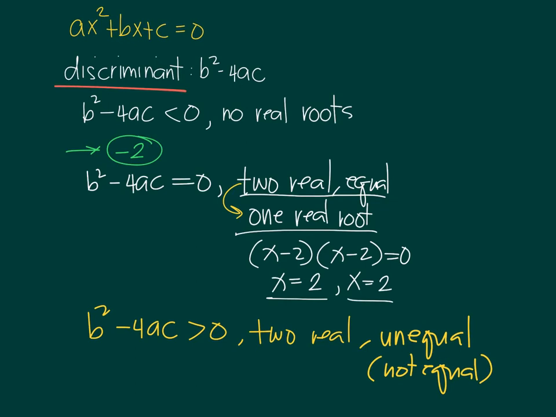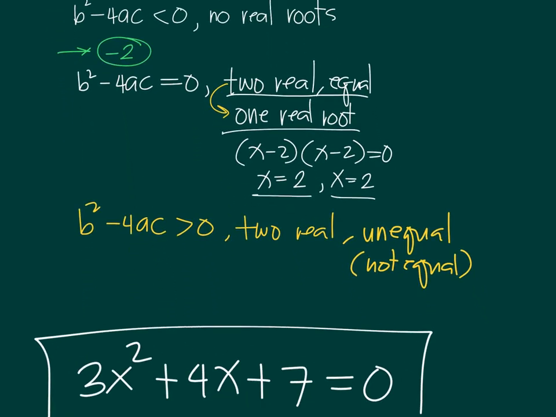Sometimes when you compute for the b squared minus 4ac, it becomes 0, and that means there are two real roots and they are equal, or we simply say we have one real root because they're just the same. And when b squared minus 4ac is greater than 0, we say two real roots, or two real and unequal roots.